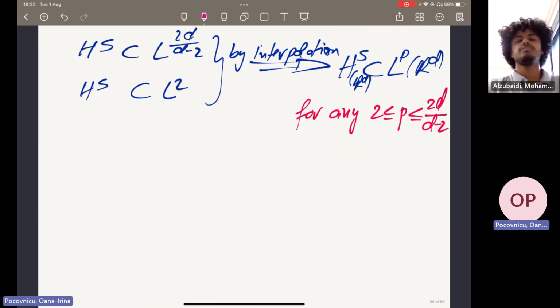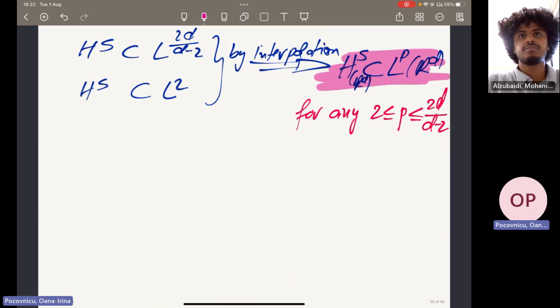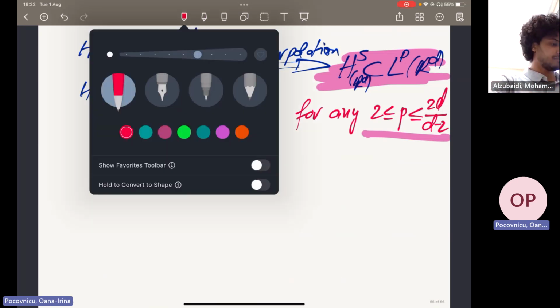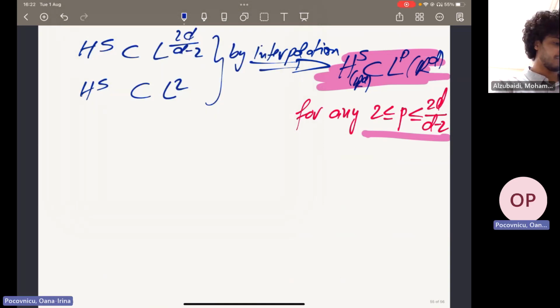Now if you look carefully, H^s embedded in L^p for all this range of p's is exactly what theorem 3.2.1 says.